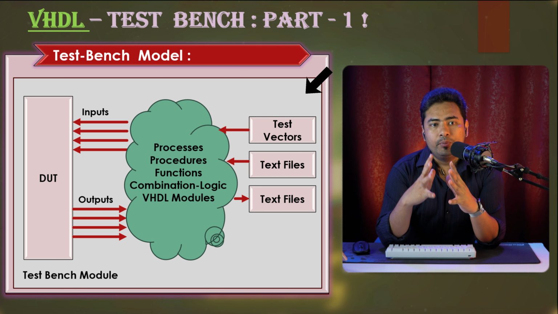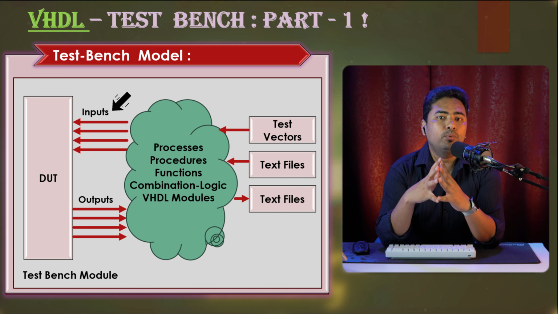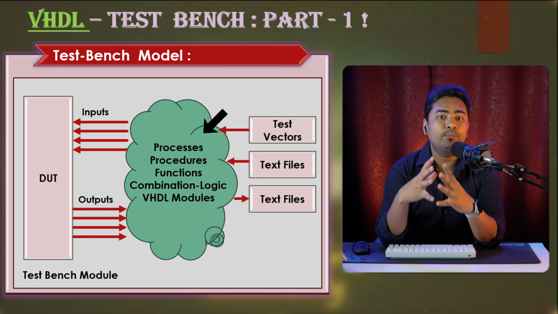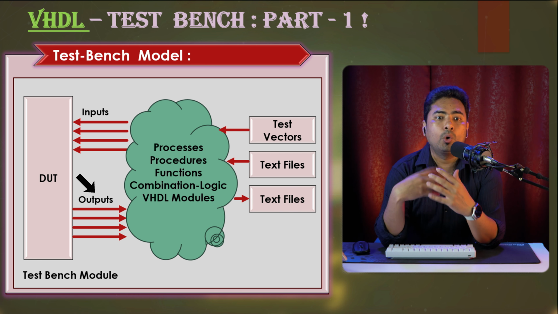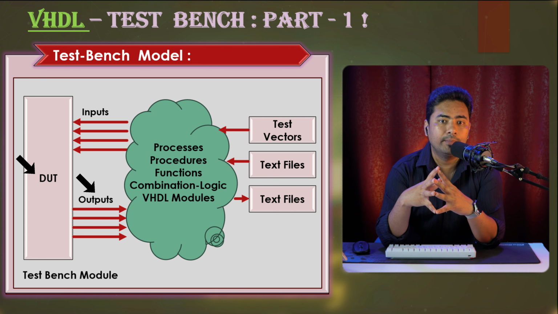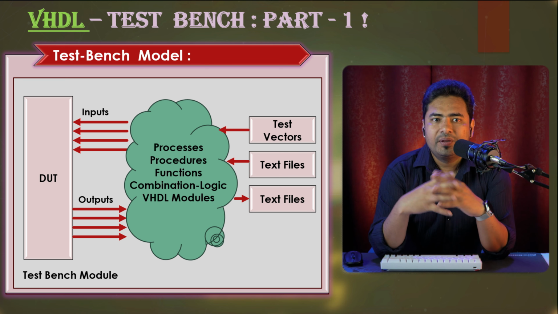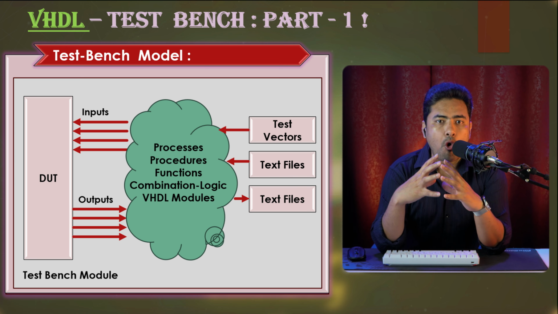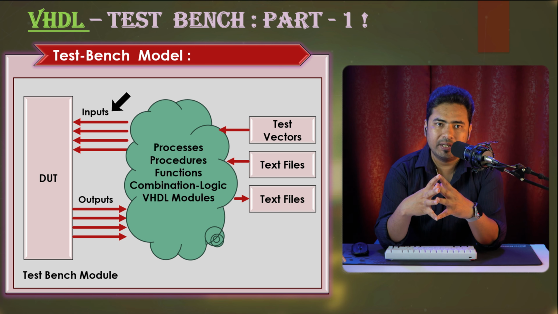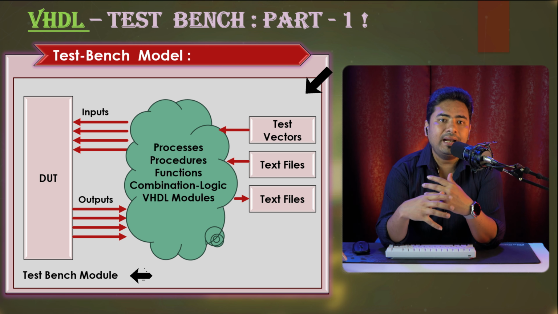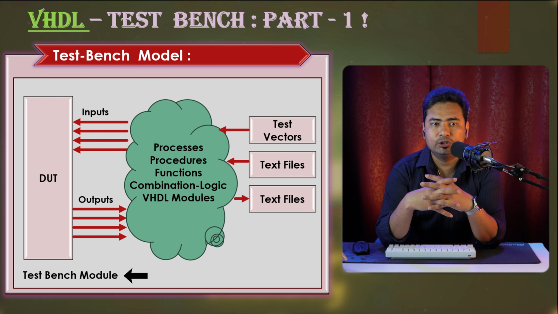Because we are driving these input ports of this DUT inside our test bench, and then based on these input values, we get our output from this DUT model. And finally, we will compare these results. It means we drive all the input ports of this DUT inside this test bench, and for this, we write our VHDL test bench code.